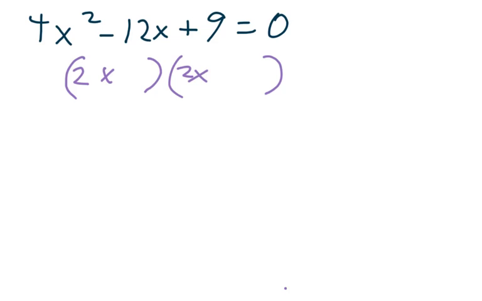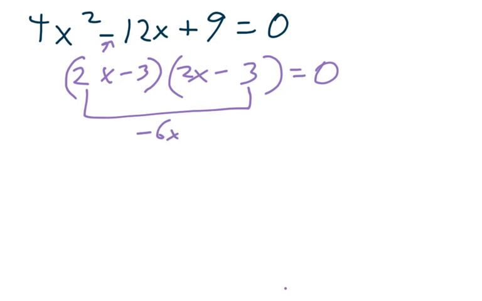And then what two numbers multiply up to be 9, we'll try 3 and 3. And I'm going to put both of these down as minus because this is a minus right here. So I'm going to check. That's negative 6x. And that's negative 6x. That totals up to be negative 12x.